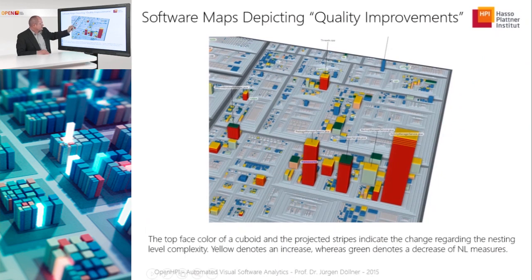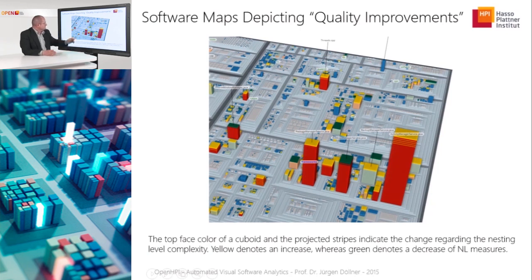Let's now have a look at a further aspect of this kind of software map. We can even project and make visible the progress of software quality improvements using extended visual variables available for software maps.